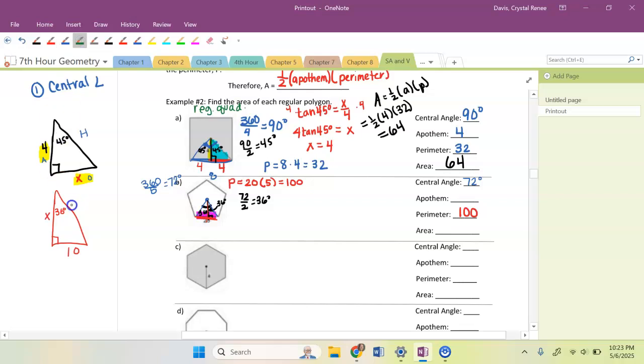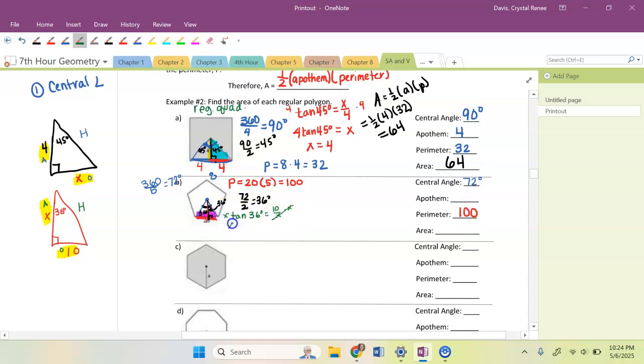Once again, I have hypotenuse, opposite, adjacent. I have my adjacent side that I want to know, my opposite side that I do know. So I'm going to go back to tangent. Tangent of 36 is equal to, well, tangent is opposite over adjacent, so 10 over x. Multiply by x on both sides.